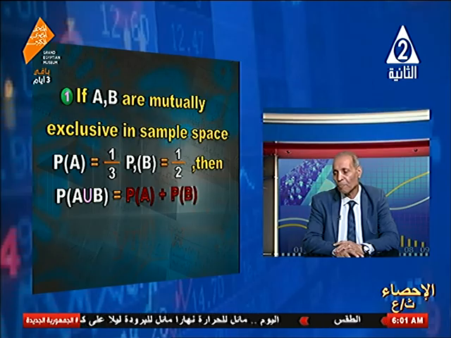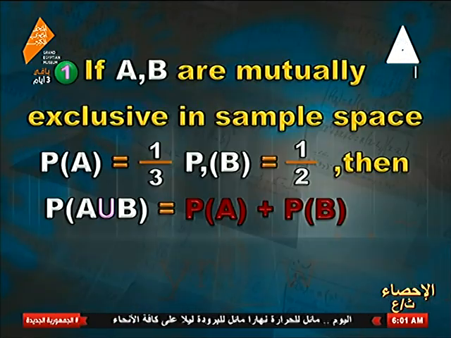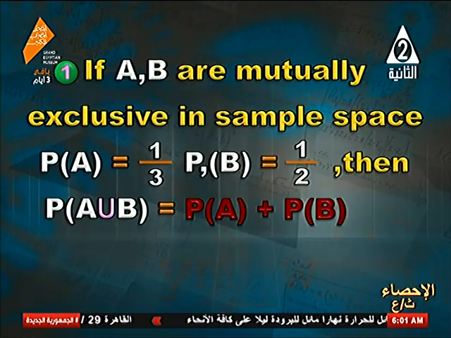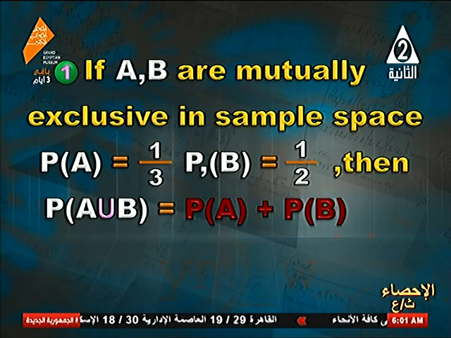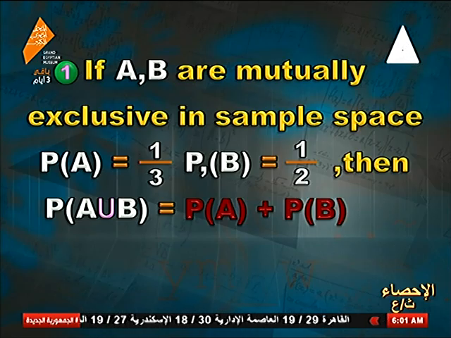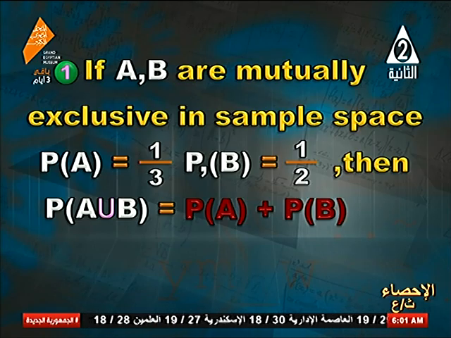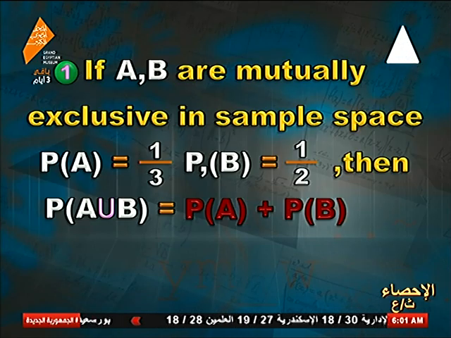Look at this rule: probability of union equals probability of A plus probability of B minus probability of A intersect B.